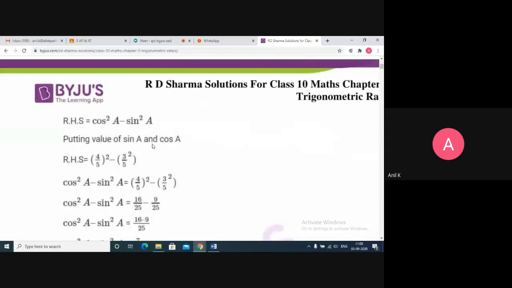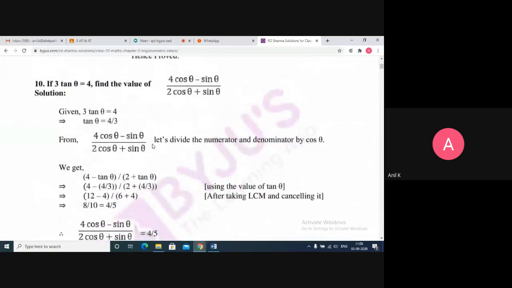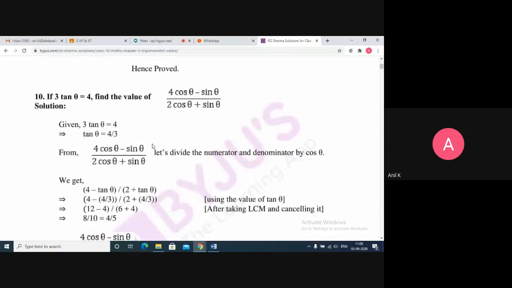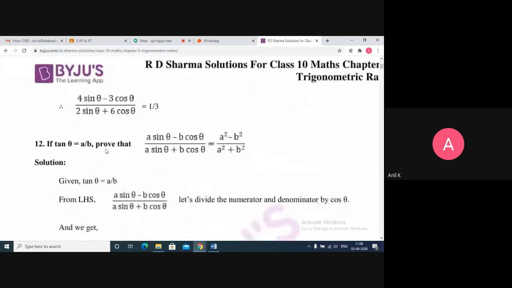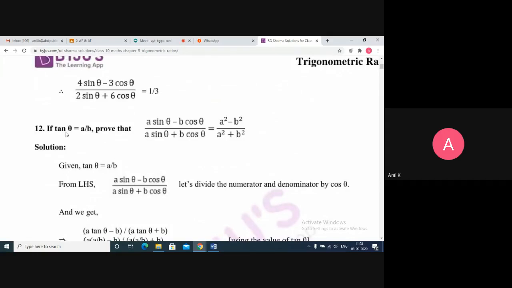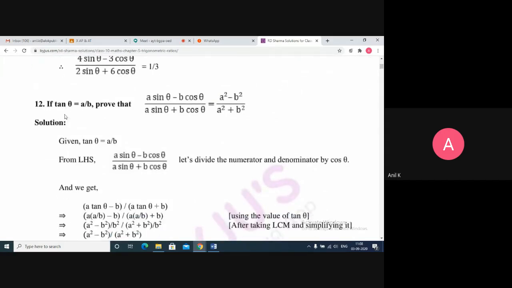This is also an exercise question only, I think. Just a minute. Okay, I think this is also an exercise question. Yeah, I'll go here, this 12th question.